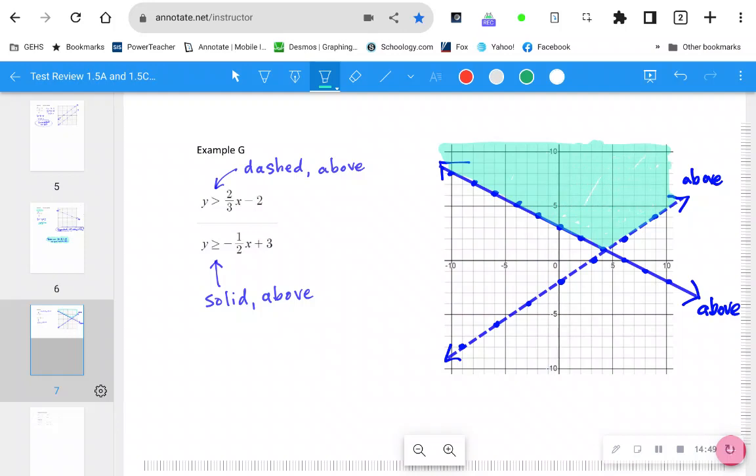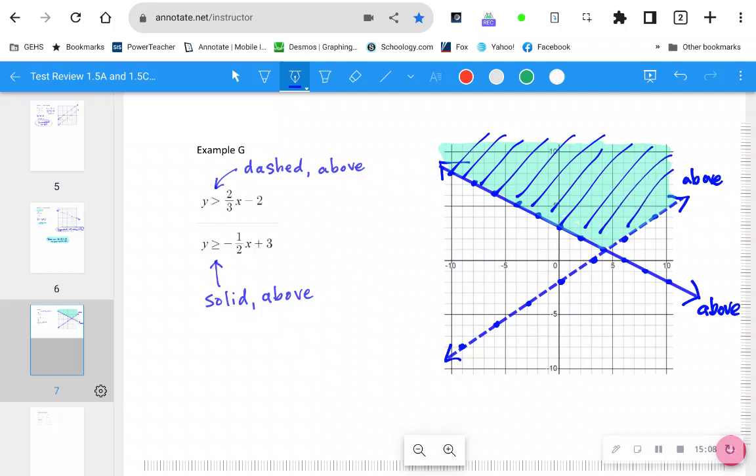So let me simulate using a pencil. Now, if you have a number 2 pencil, just turn it sideways and do that shading. If you have a mechanical pencil, you're just going to cross hatch this like this neatly. And that does it for that problem.